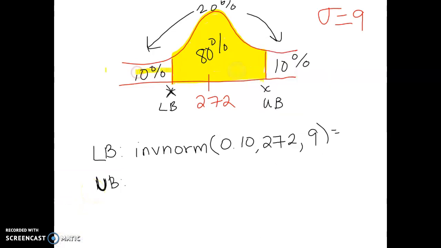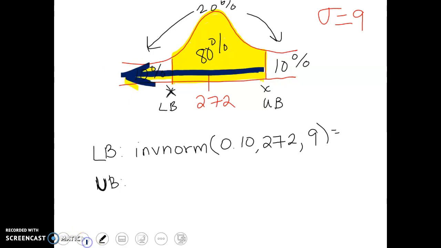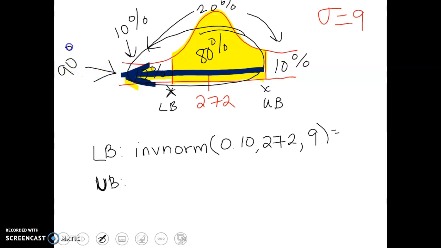So the entire thing from here to the left. There's a couple ways to figure that out. One way is to add this 80% here and this 10%, and this whole thing would be 90%, because the area here is 80 and the area here is 10. So together, the area to the left of this upper boundary is 90%.